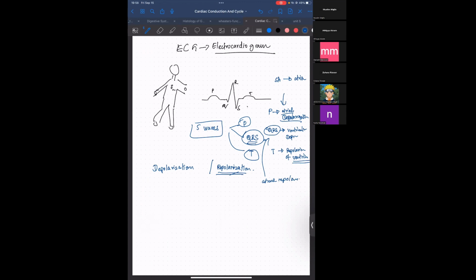And then the QRS complex represents the impulse from the AV node throughout the ventricles. It will tell you the electrical activity of the ventricles, that is ventricular depolarization. And finally, the T wave represents ventricular repolarization. We can call it the relaxation of the ventricular muscles.